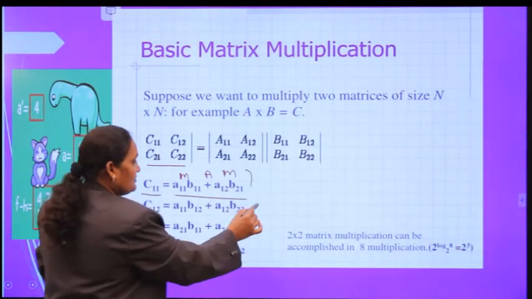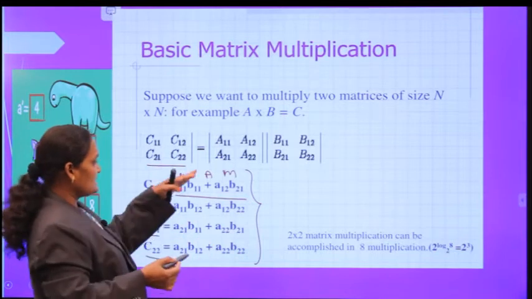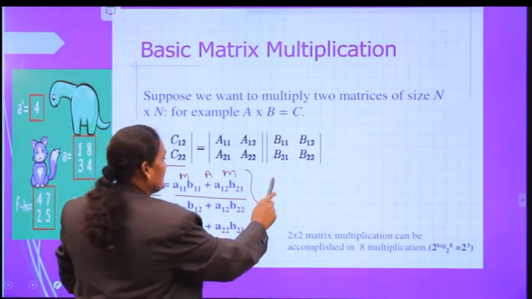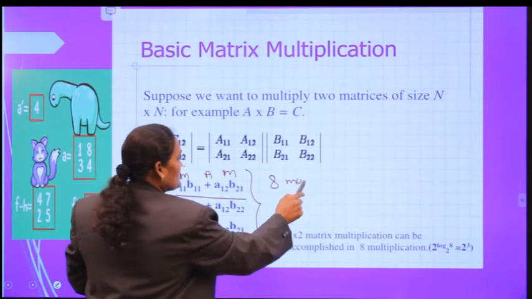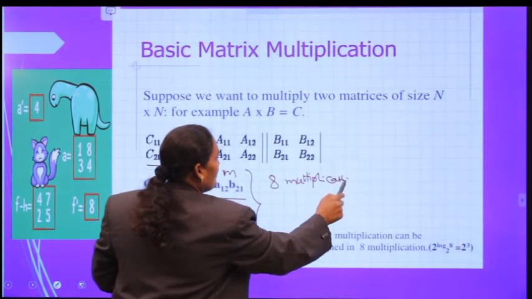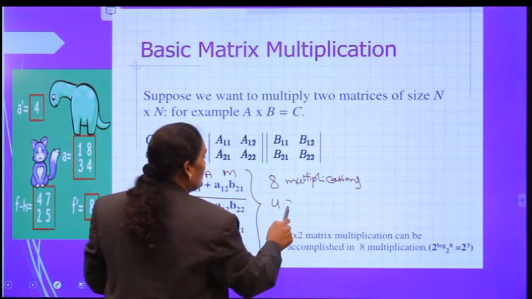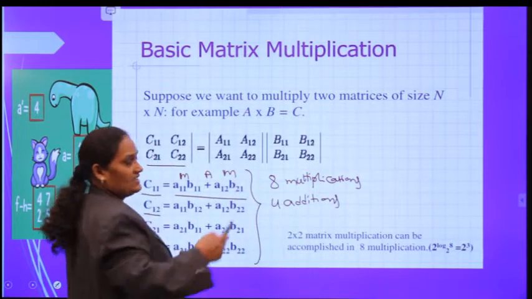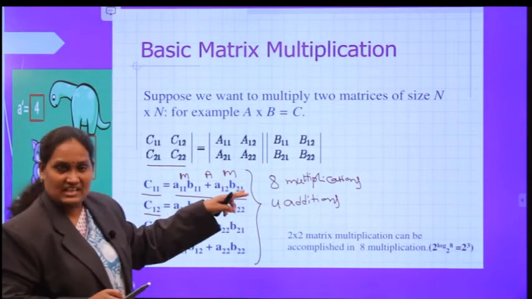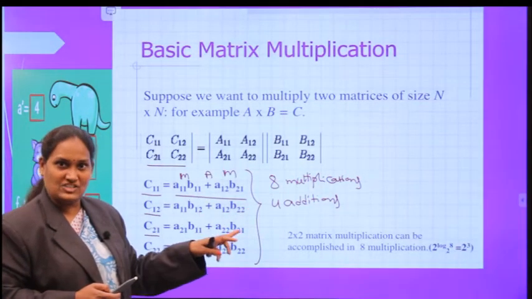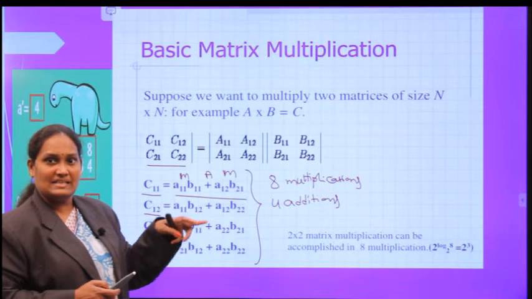If you see this entire process, how many multiplications are there? 8 multiplications and 4 additions. Each multiplication can be carried out by a sequence of additions.